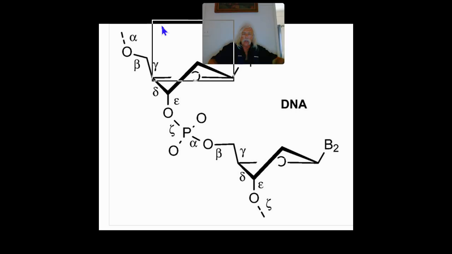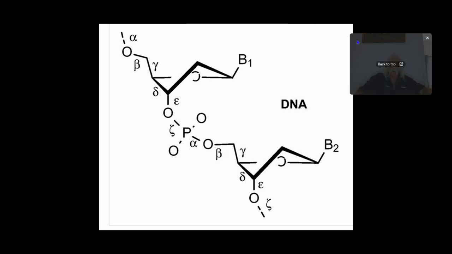So here are the different torsion angles we're talking about in DNA. This B1, B2 is not the bDNA, those are base 1, base 2, running 5', 3'. So you have here beta, these are torsion angles, gamma, delta, you notice where they are relative to the carbon atoms.